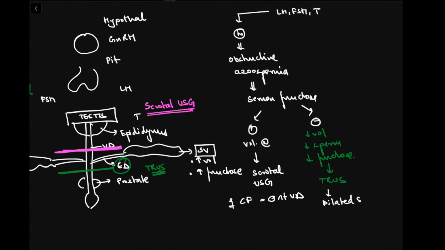In these cases, since there is obstruction, the seminal vesicles will be dilated as they are unable to pour their secretions. There is a thumb rule that wherever there is obstruction, structures proximal to it will be dilated.